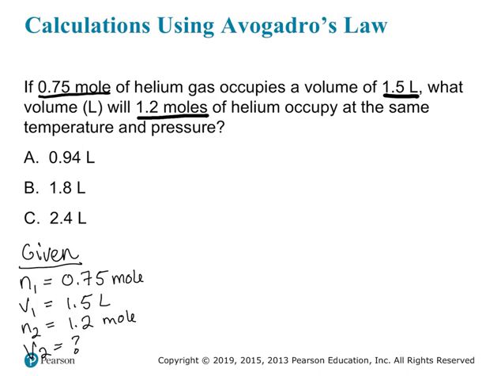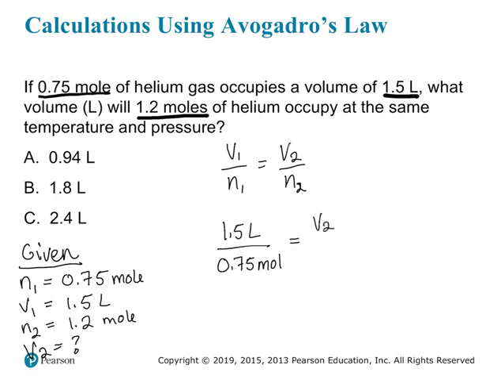All right, so let's just plug those values into our equation. So we've got 1.5 liters for V1, and we're going to divide that by 0.75 moles. And then that will equal V2, our unknown variable, over N2, which is 1.2 moles.